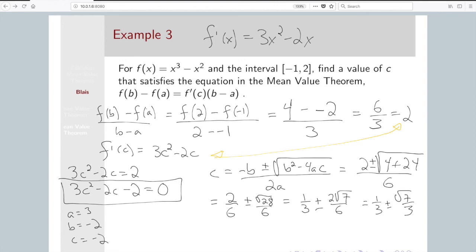Both of those values actually do fall within the interval negative 1 to 2. So 1/3 plus root 7 over 3 is approximately 1.21. And 1/3 minus root 7 over 3 is approximately minus 0.549.